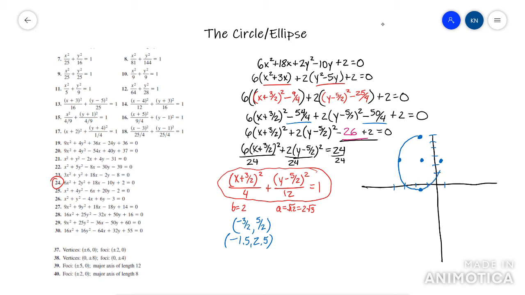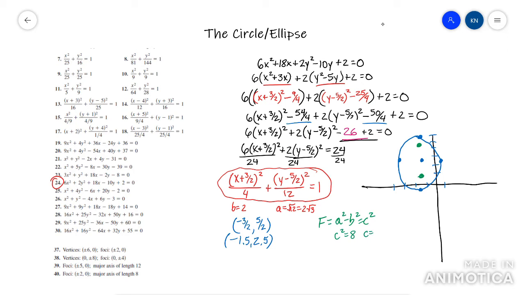And then all you need to do is go find the foci, which are going to be somewhere like here. And you still just run your a squared minus b squared equals c squared. And so you get 12 minus 4, which is 8. So you get c squared equals 8. So c equals 2 root 2.